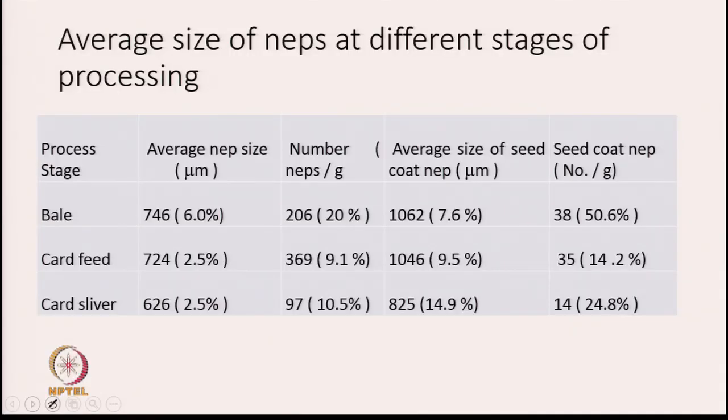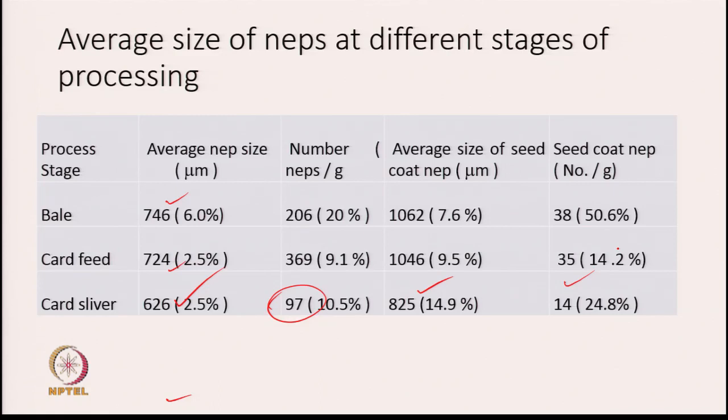Average size of naps at different stages of processing: in the bale the average nap size is 746 micrometer, card feed 724, card sliver 626. So, there is a reduction finally at the card sliver stage. Same will be with the numbers 206, 369 and 97. Size of seed coat naps also, if you see, there is a reduction here. Number of naps per gram of seed coat naps also shows reductions.